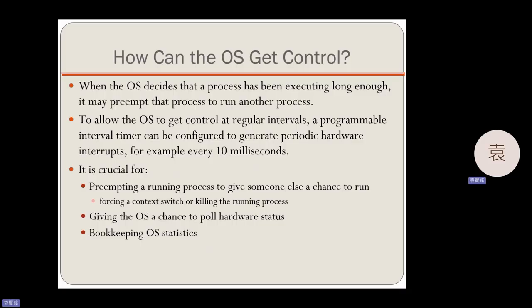For example, every time the running process gets access to the CPU, it always uses up its time interval or time quantum, repeatedly.